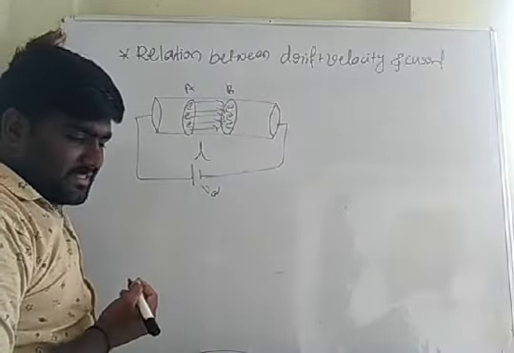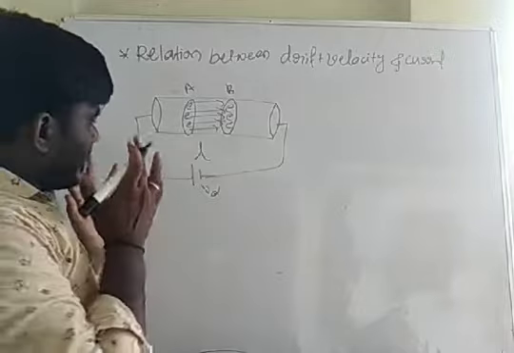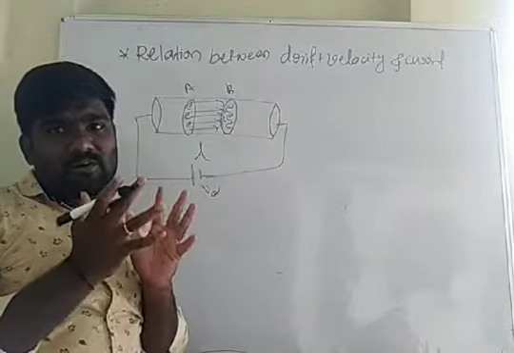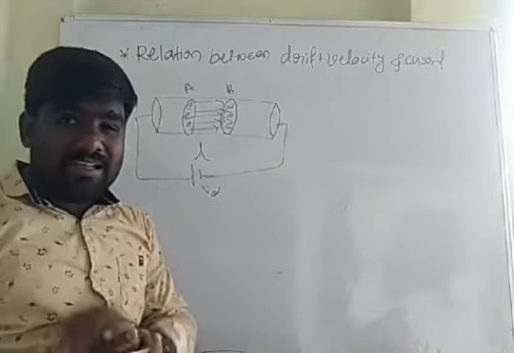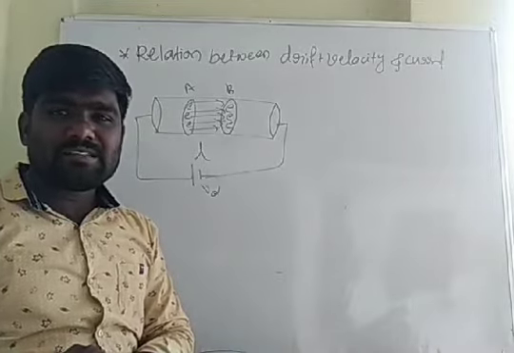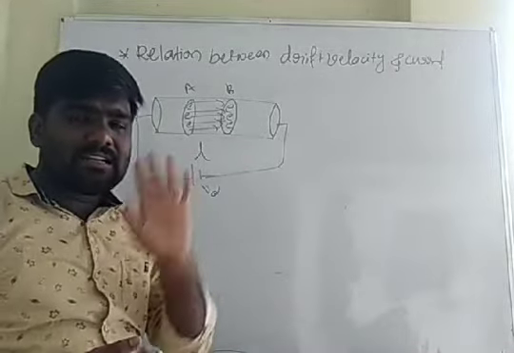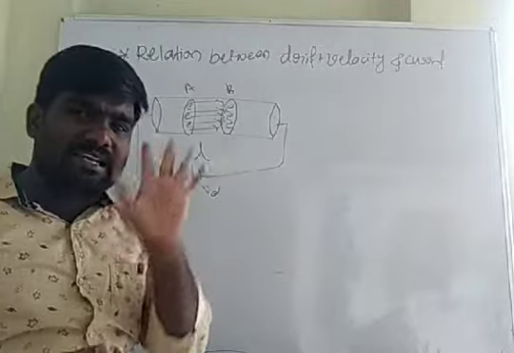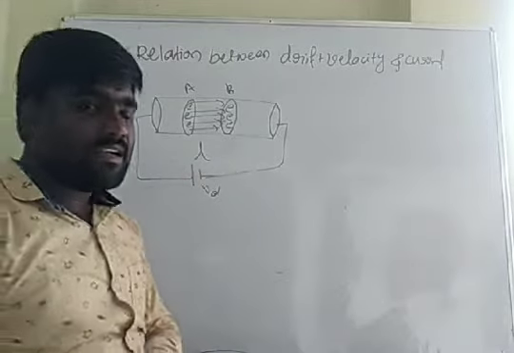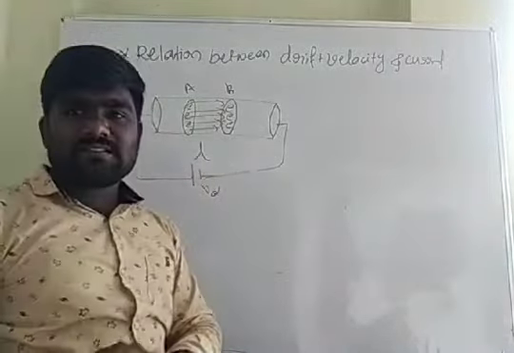If these electrons are moving from point A to point B, it takes a certain time, and that small time is taken as dt. So there are n number of charges.